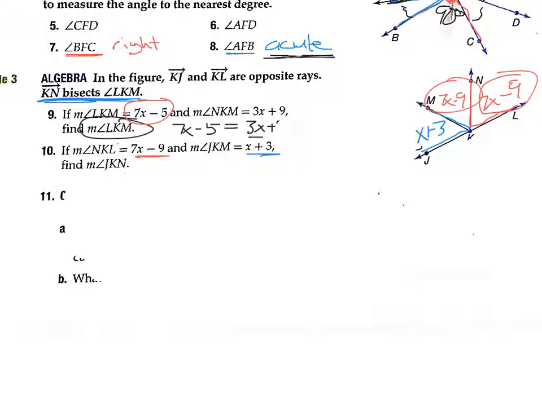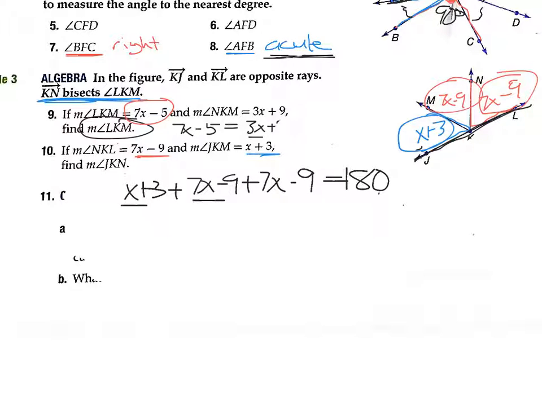And if I take all three of these together, I make this straight line. Now we got through saying a minute ago, lines have to equal 180. So our equation becomes x plus 3 plus 7x minus 9 plus 7x minus 9 equals 180. So I combine these and I get 15x.